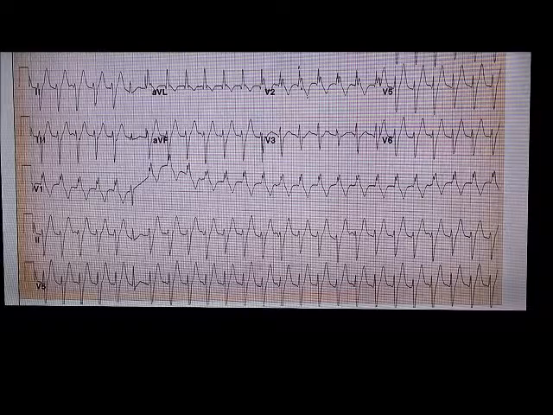So AVR is what? Positive or negative? AVR positive, so this goes more with VT. Axis here doesn't really help you. It's a negative axis. There is, what is this?